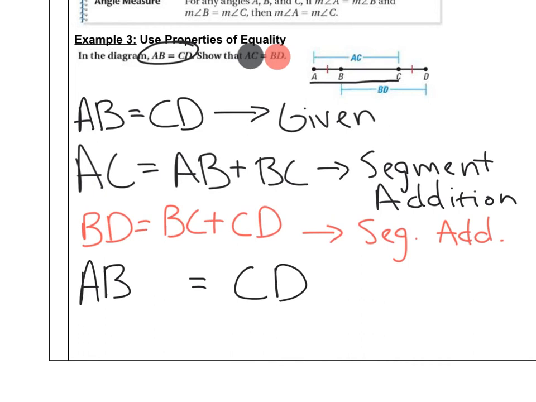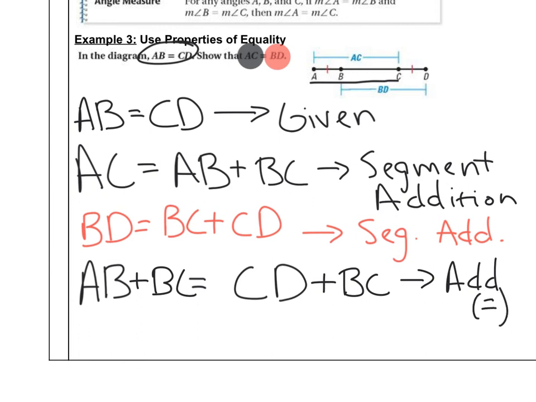But for now, I want to look here and see that AC is equal to AB plus BC, and BD is equal to BC plus CD. Notice what these two have in common. They both have BC in common. So, because they both have that in common, I can add BC to both sides. Okay, and that's just what we ended up with. That is just the addition property of equality.